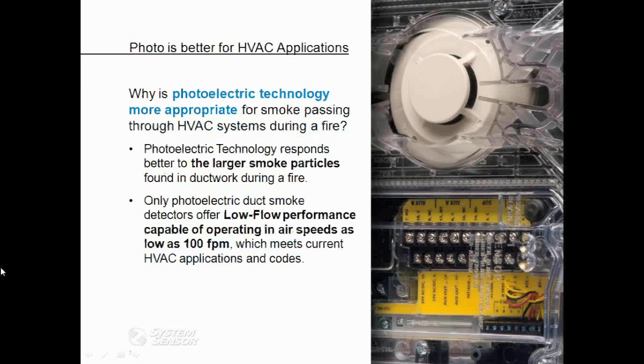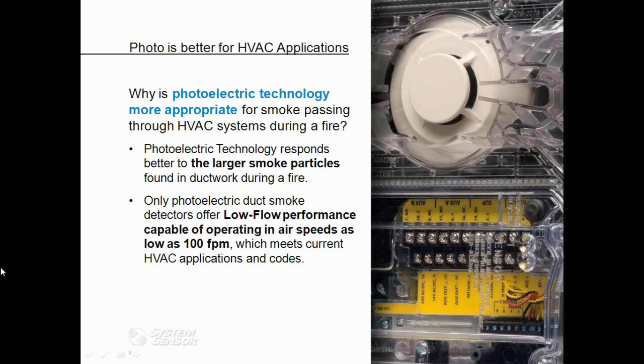On an earlier slide, I mentioned that photoelectric technology is the preferred method for duct smoke detection according to NFPA. This is because in duct applications, smoke particles are usually larger, which photoelectric technology responds better to.